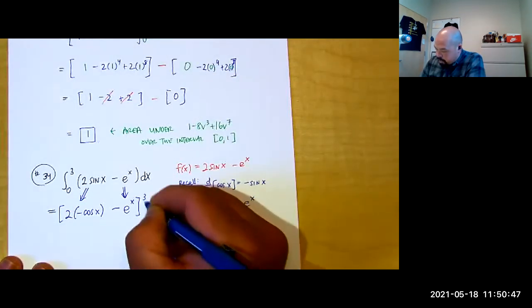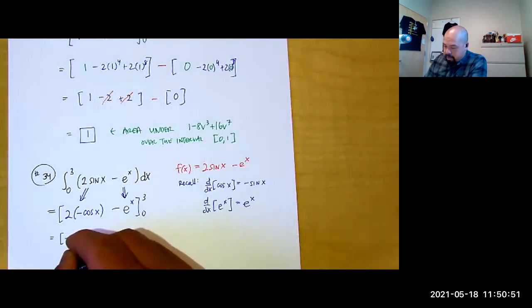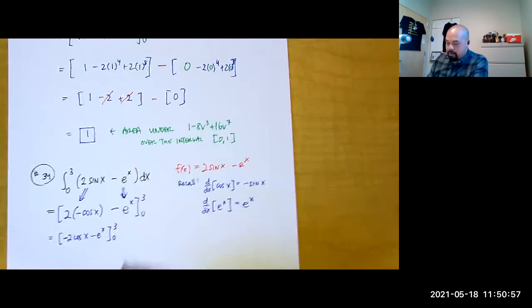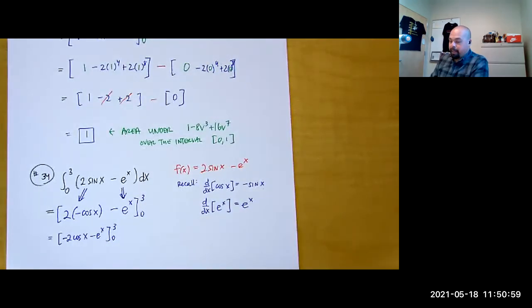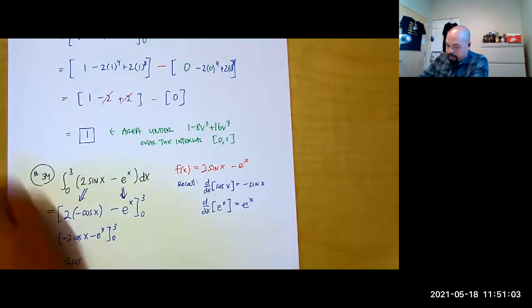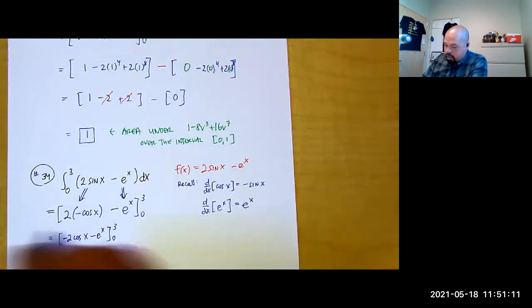Bring in our limits of integration from 3 to 0. Doing a little bit of cleanup. Negative 2 cosine x minus e to the x from 3 to 0. And now computing, plugging in that upper limit of integration. Negative 2 times the cosine of 3 minus e cubed.